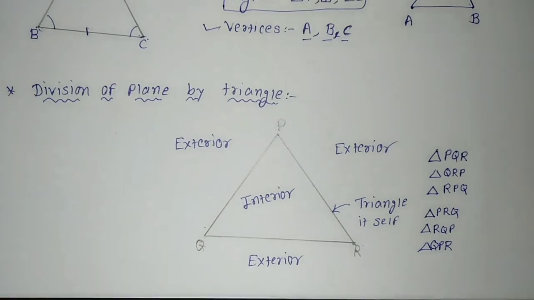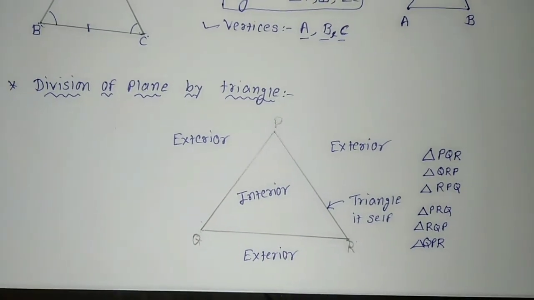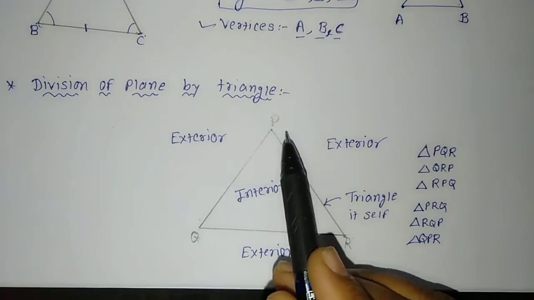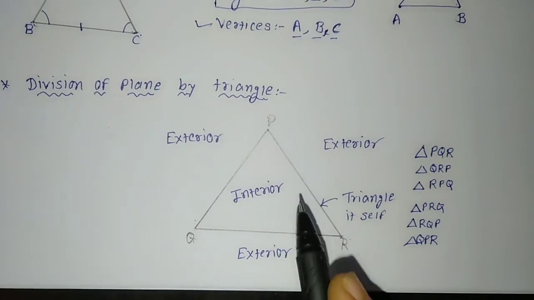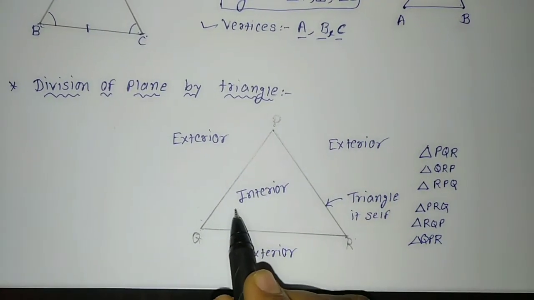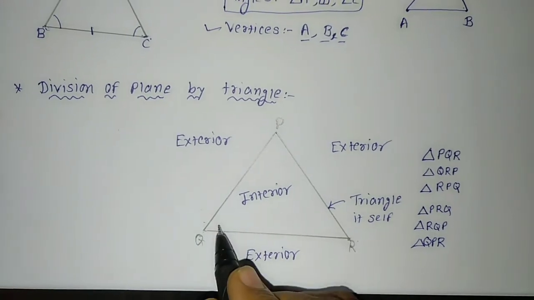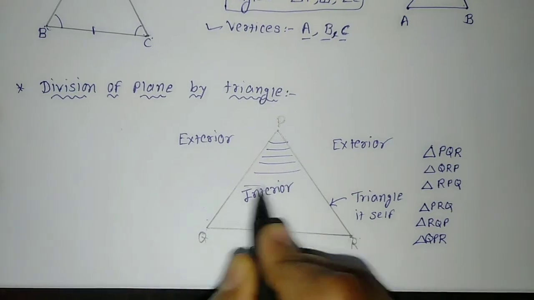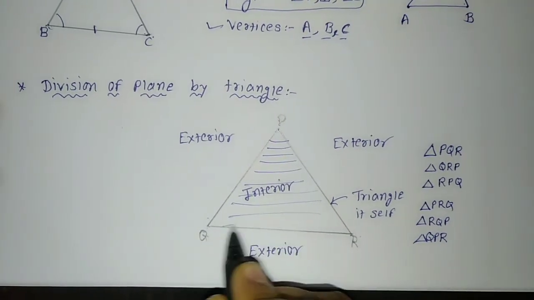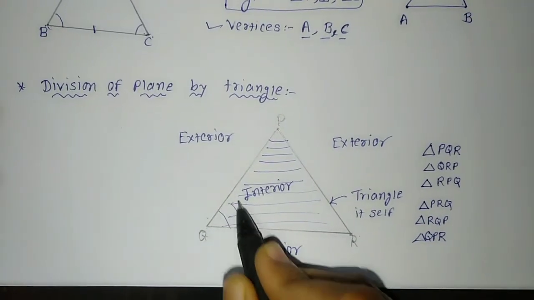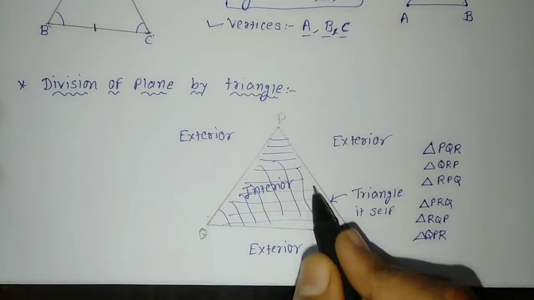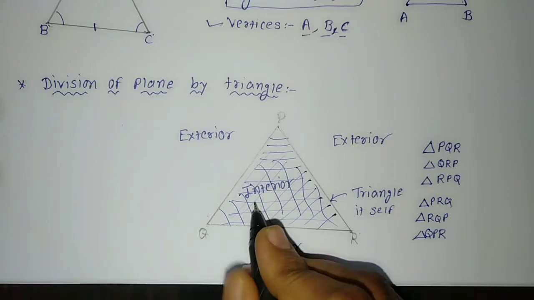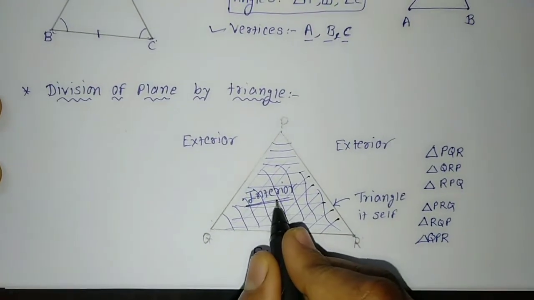Now what we are discussing is division of the plane by triangle. When we draw a triangle in any plane, it divides the plane into three parts. Part number one is the intersection of all the angles, like this angle P which is forming over here, then angle Q, and angle R. Wherever all three angles are intersecting each other, it is called the interior of the triangle.